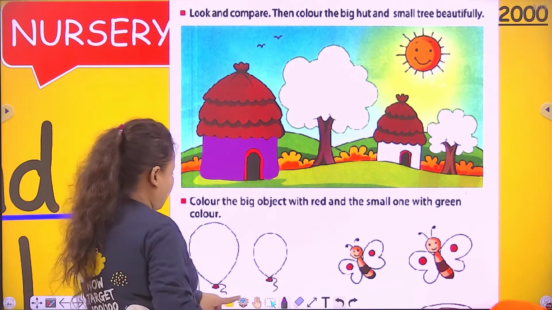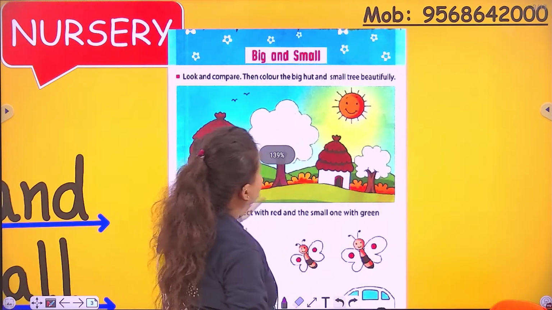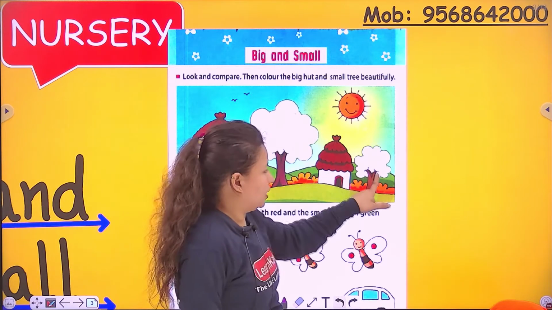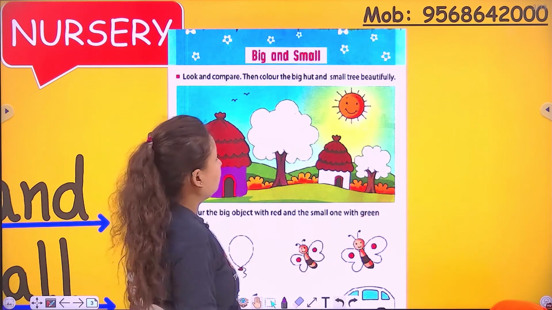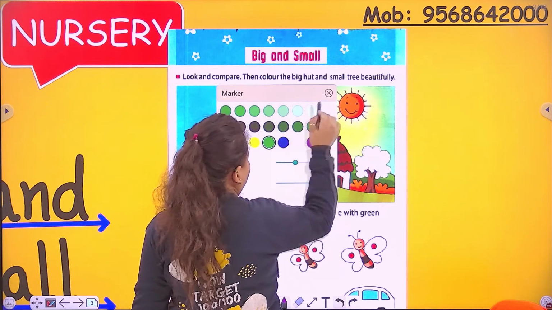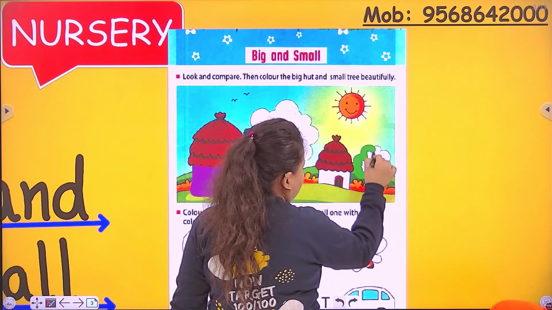Done? Okay. Now, which one is big? This tree or that tree? Tell me, which one is small? So, जो small है उसको आपको color करना है green.